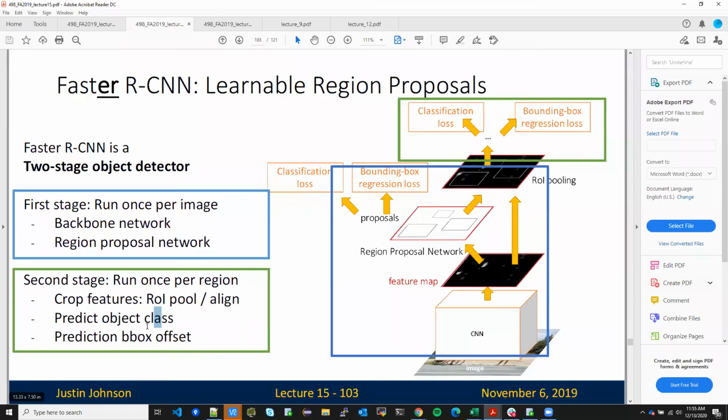Sometimes even among those 300 regions, you might have regions without any object, so you would include a background class. So these are the two-stage detectors.